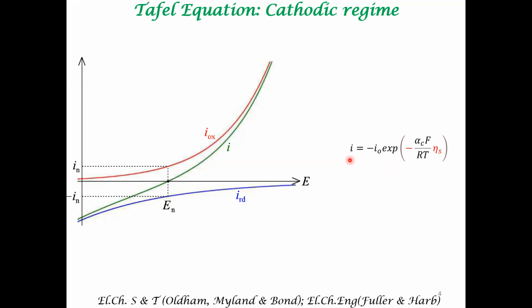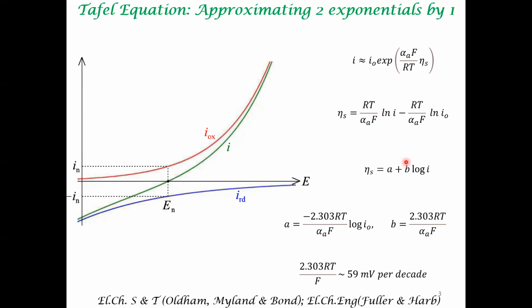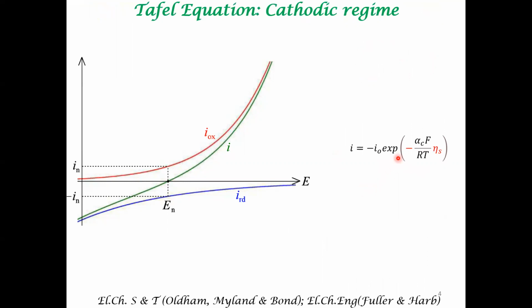The reductive current is given a negative sign, as you can see here, and you have to contrast this with the positive sign, the behavior in the anodic region with the behavior in the cathodic region. So the sign of the overpotential is also different.